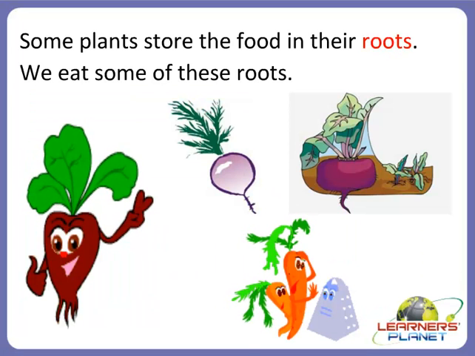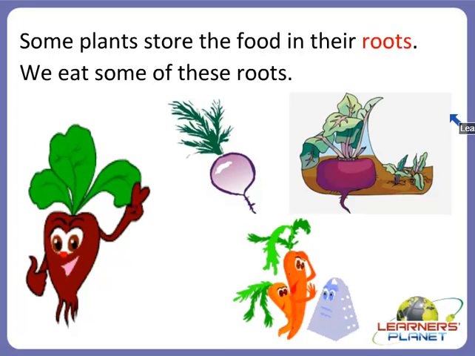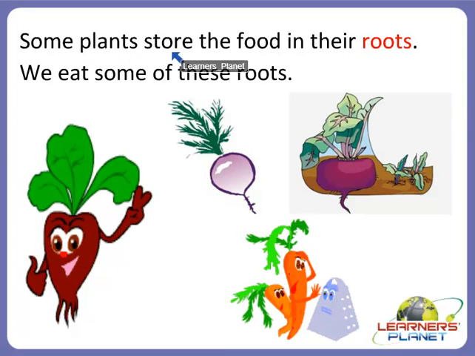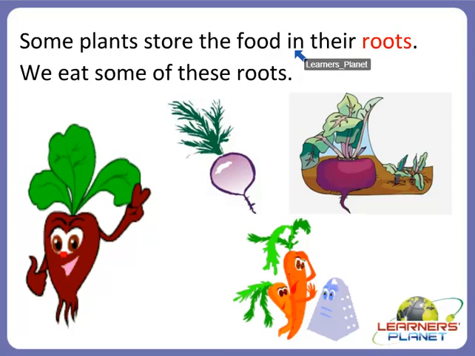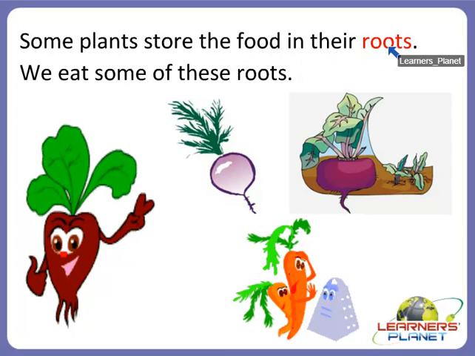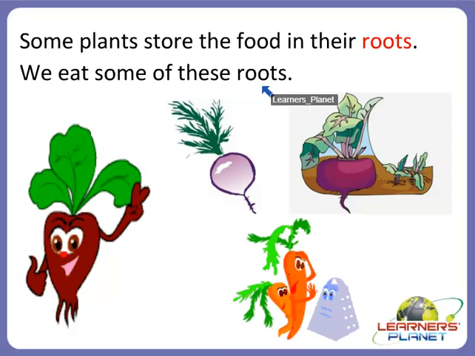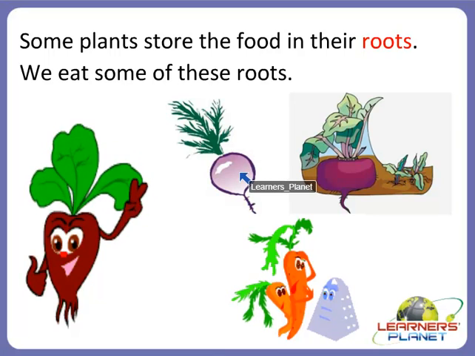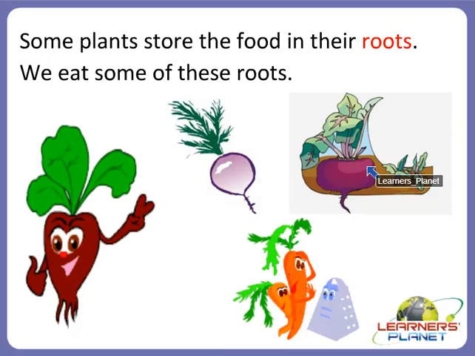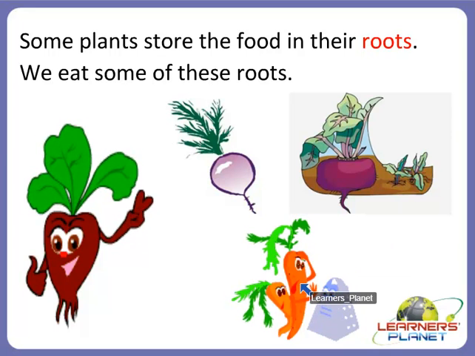The third use of root is that some plants store the food in their roots, and we eat some of these roots. For example, a radish, turnip, beetroot, and carrots.